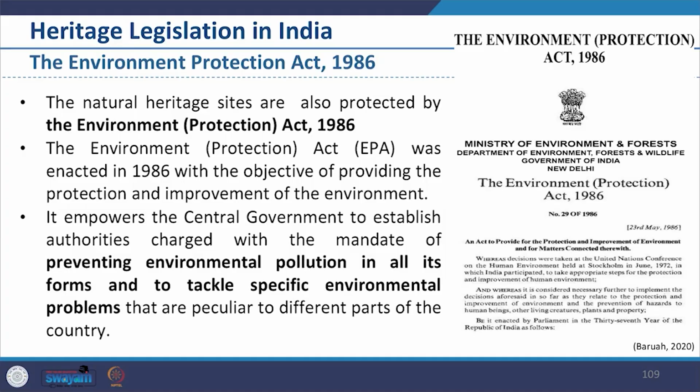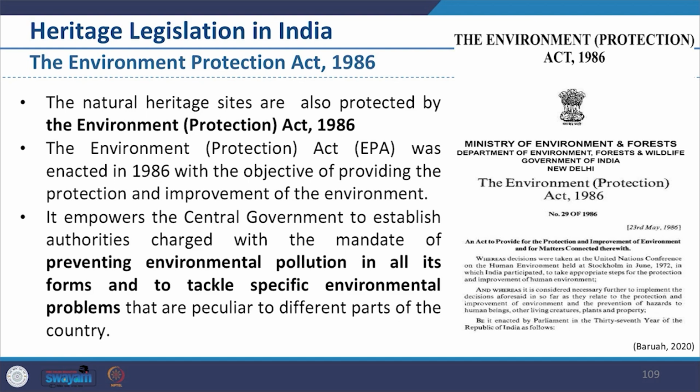As we had covered before, the Heritage City Development and Augmentation Yojana, HRIDAY, which we have seen in detail before, was done under the Environmental Protection Act 1986. The Environmental Protection Act, EPA, was enacted in 1986 with the objective of providing protection and improvement of the environment.